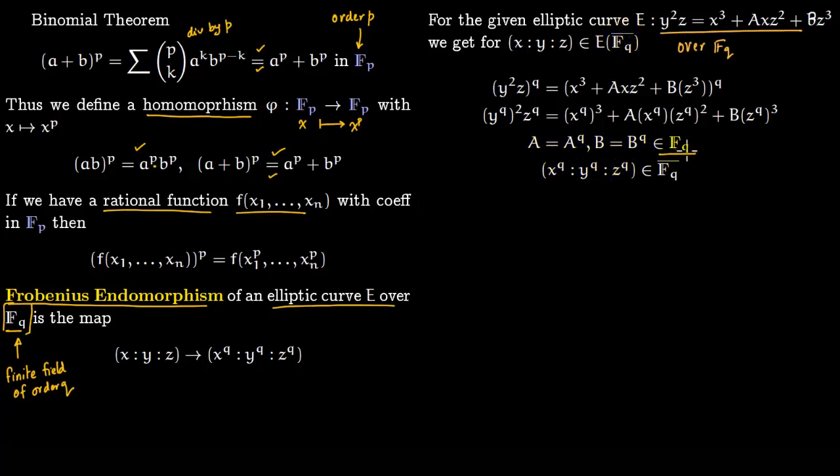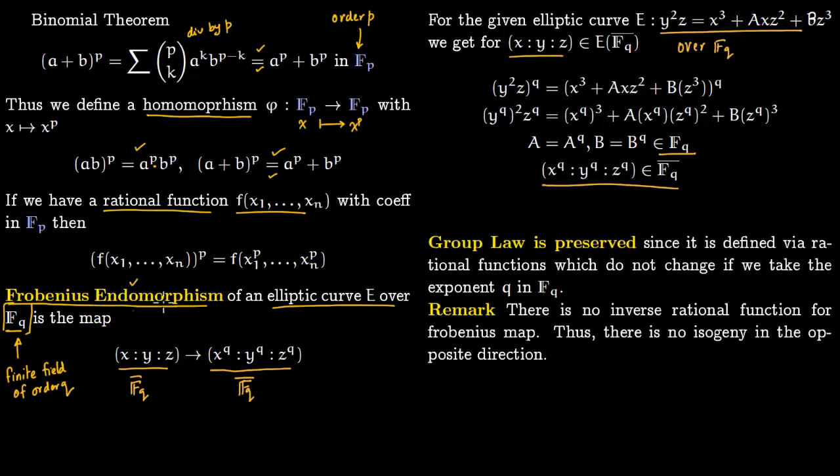So if you start with these points in the closure of F_q, then these corresponding points will also lie in the closure of F_q. We have just proven that if this lies in the closure of F_q, then if you raise to the power of q, they will also lie in the closure of F_q. So you have a proper map of two elliptic curves via the Frobenius endomorphism.